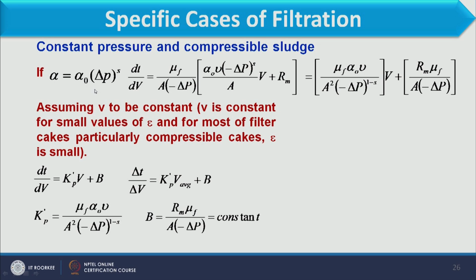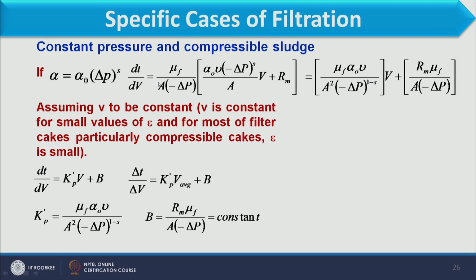So here we have considered the Sperry correlation to define the alpha value. This is basically the final filtration equation, where alpha would be replaced by alpha naught Ps, minus delta P, power S. That delta P we have replaced over here with a minus sign, why the minus sign is there, that we have already discussed.